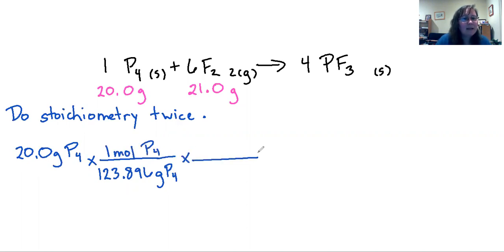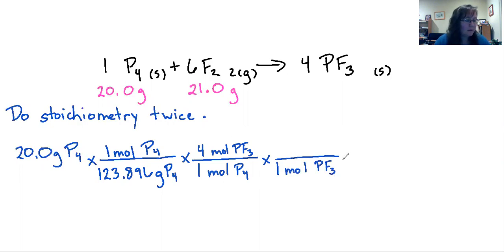And the next thing that I need is a mole ratio. Here I have 1 mole of P4 to 4 moles of PF3. And then I need a molar mass of my PF3.